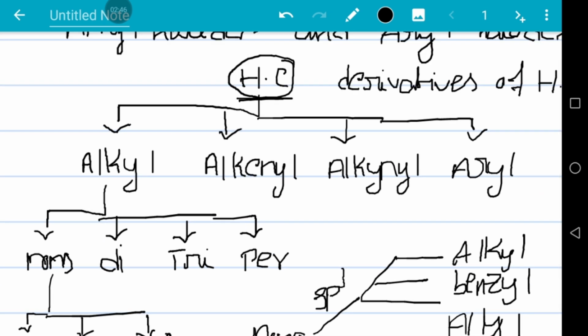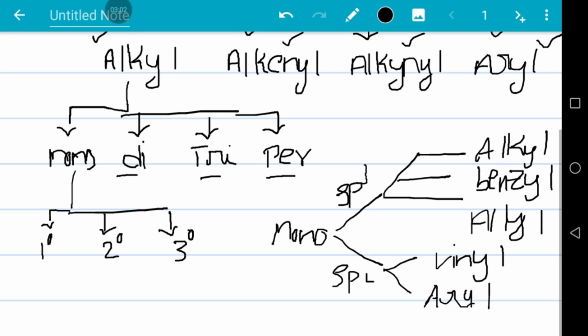First, halogen compounds are classified into four types: alkyl halides, alkenyl halides, alkynyl halides, and aryl halides. In this, alkyl halides are again classified into mono, di, tri, and perhalo compounds, and monohalogen compounds are again classified into three types: primary alkyl halides, secondary alkyl halides, tertiary alkyl halides.